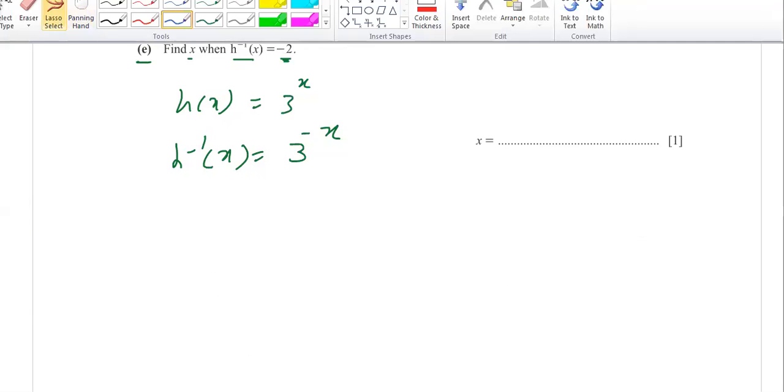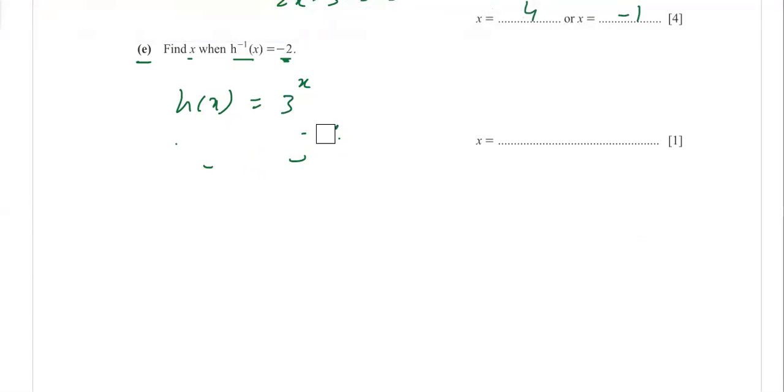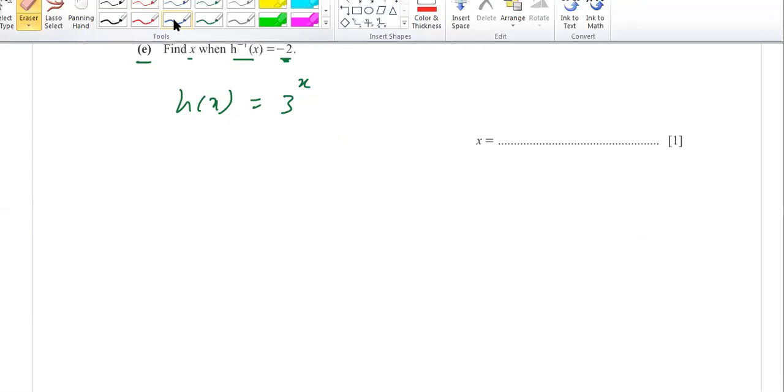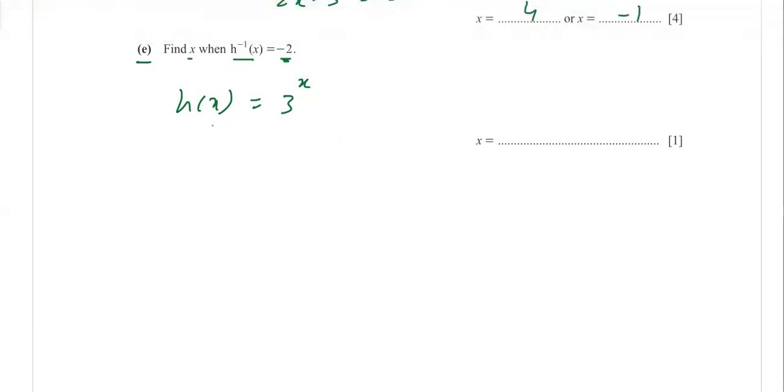For the h inverse x, one way to solve this one is, first, I need to find h inverse. For h inverse x, I can say let y is equal to, but this is only one mark. No need to go for that.